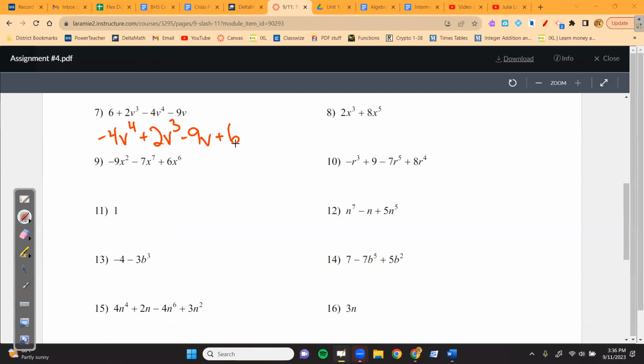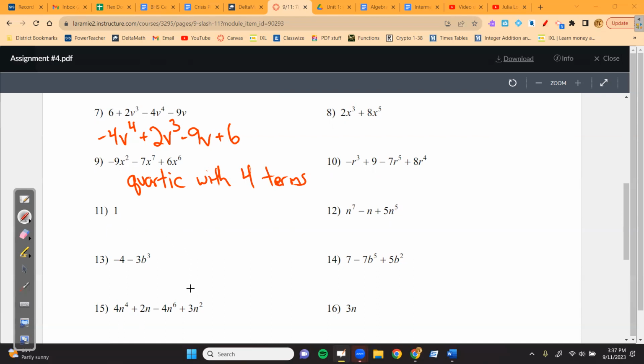Get that constant term there at the end. So good job with getting it into standard form. And now, Trinity, we have to classify this bad boy. What would you say he is? Quartic, very good. Quartic with 4 terms. Well played. Nice job. It was a good patient process there.